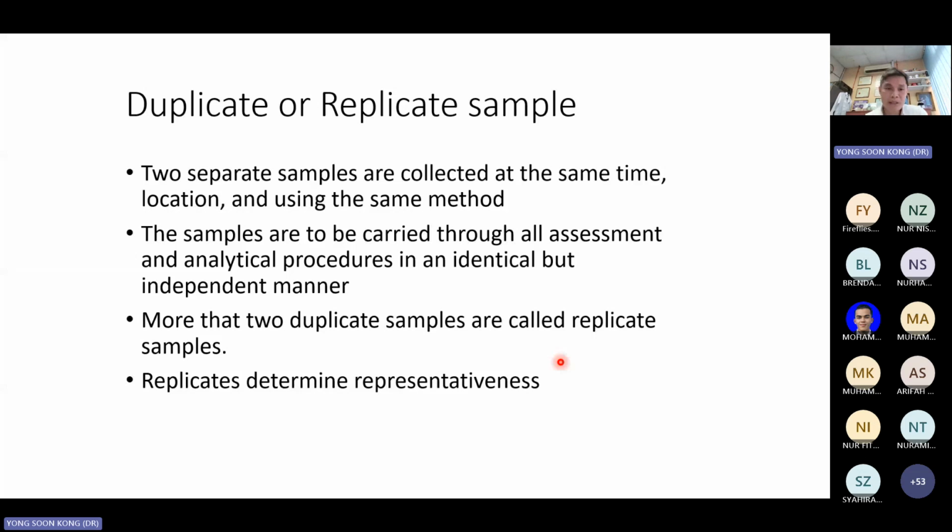So duplicate and replicate disenangkan. So duplicate, why is so important? We want to see the variation. Berapa besar variasi dia, especially when your sample, water, soil ke, they are not homogeneous. I mean, this is normal. Things will never be homogenized lah. It will change all the time.